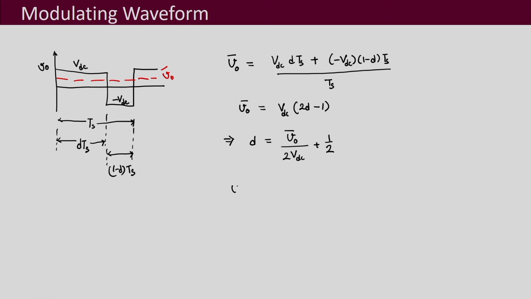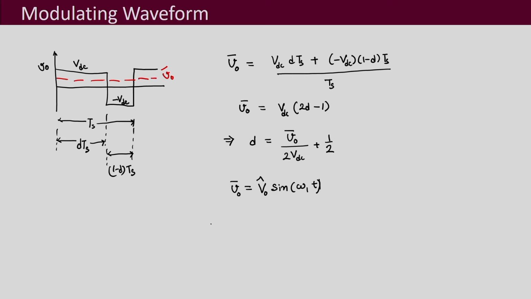Now, our target output voltage is a sinusoidal voltage. Let us say this is VO hat sine of omega 1 t. I am using omega 1 to denote that this is the fundamental.